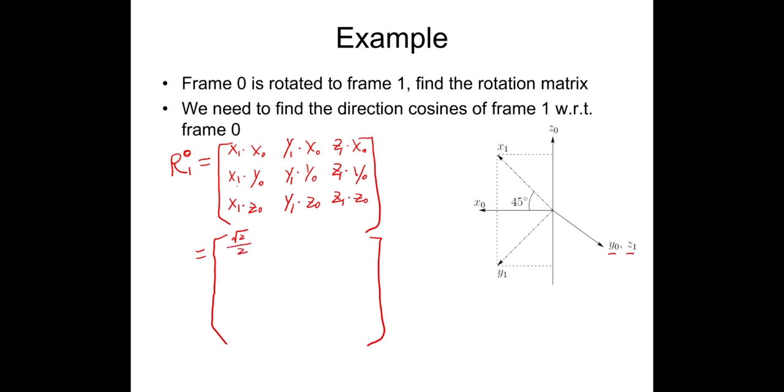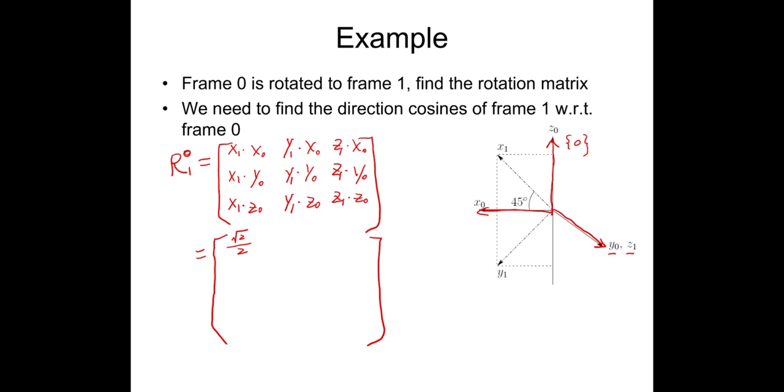Okay, and the next term is x1 dot product y0. Here I have my x1 and y0. y0 and z1 are the same axis. So if we consider what is happening here, this is my 0 frame, and this is my 1 frame.